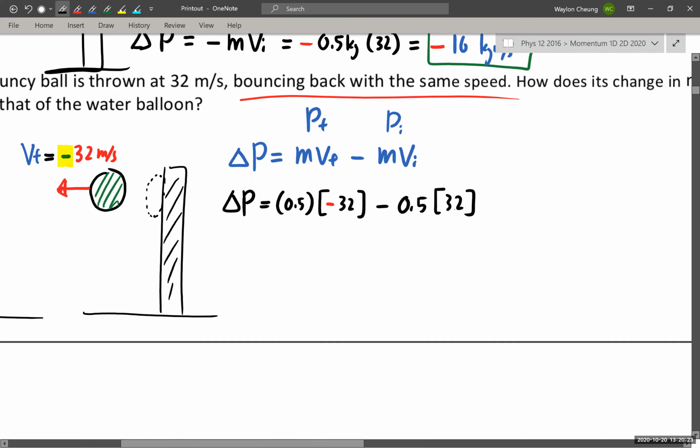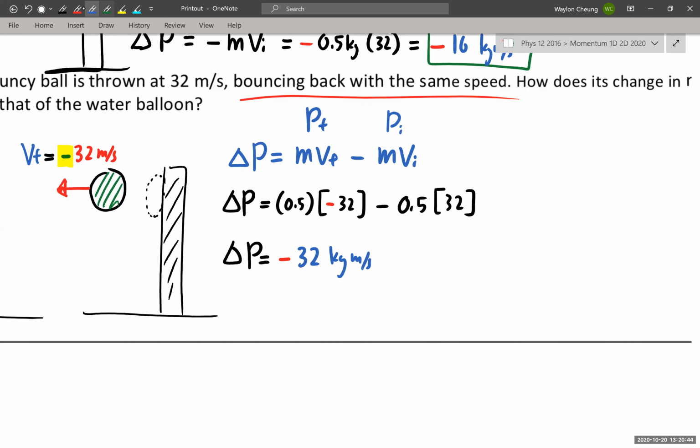Okay. So these two numbers are both negative. When you subtract them, they're actually just adding to each other, becoming even more negative. So the final result is negative 32 kg meters per second, the unit.